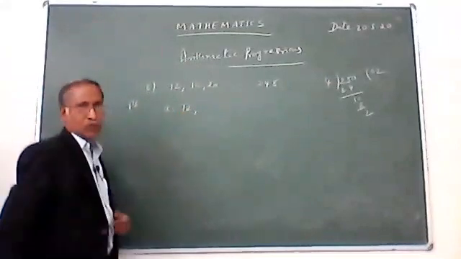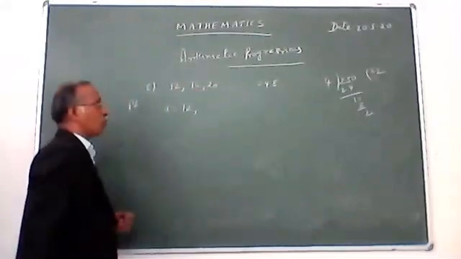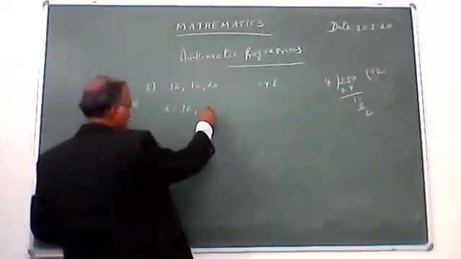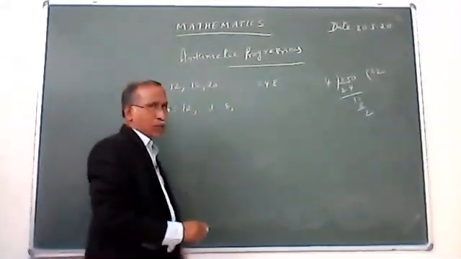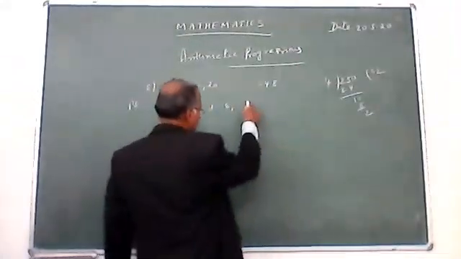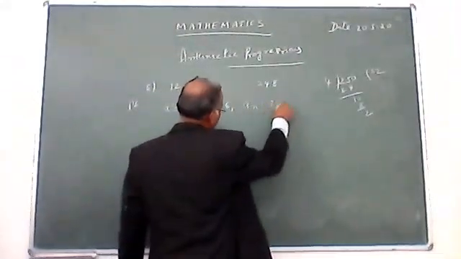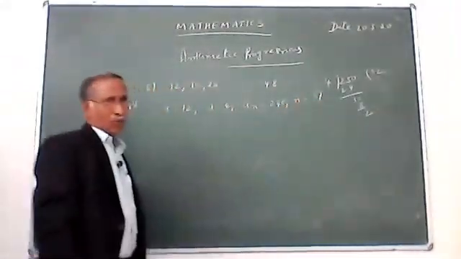A is equal to 12. What is the common difference? 16 minus 12 is 4. 20 minus 16 is 4. Therefore, common difference is 4. Which is the last multiple here? The last term in the AP is symbolically denoted by An. So, An is equal to 248. n is equal to question mark here.